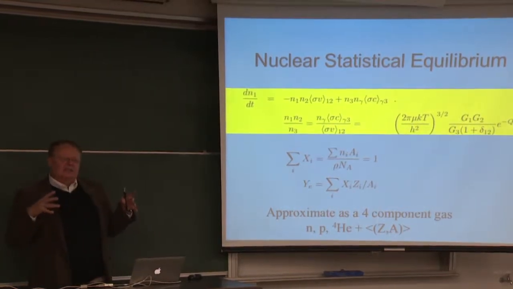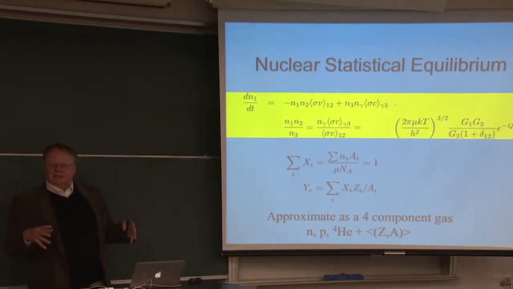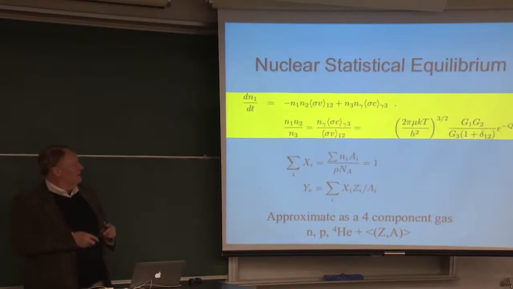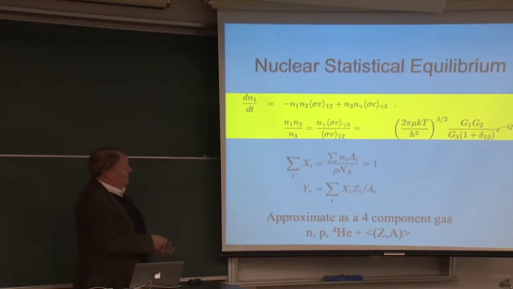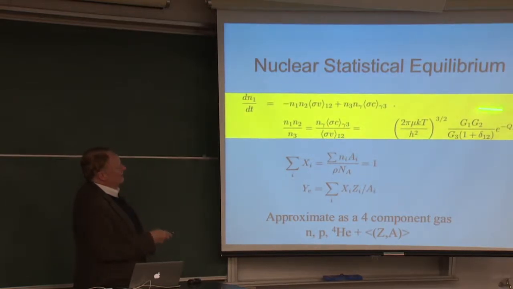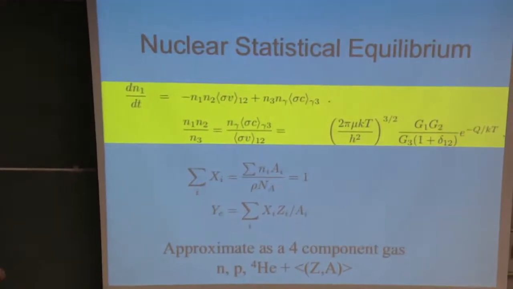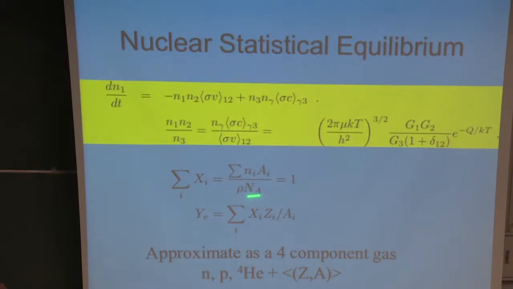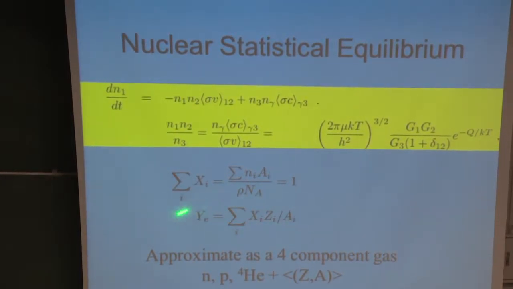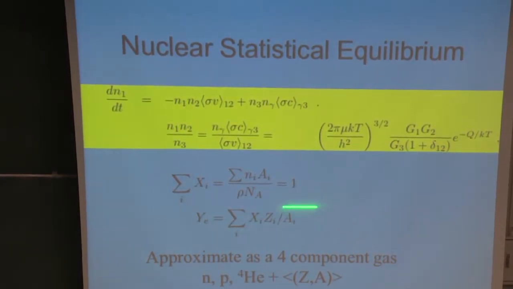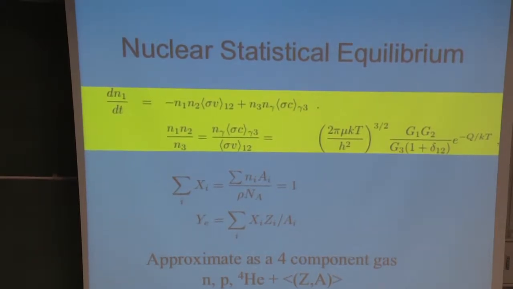As the density increases, you go from an ideal gas to a gas that's in nuclear statistical equilibrium. Simply put, it's a kind of Saha equation that I mentioned already, and it's only constrained by the sum of the mass fractions is 1, so that's baryon conservation, and you have to conserve charge. That's what that reaction does.